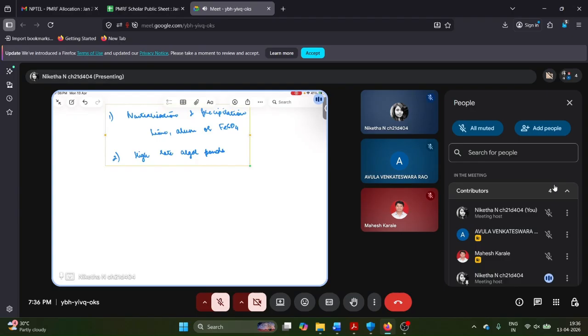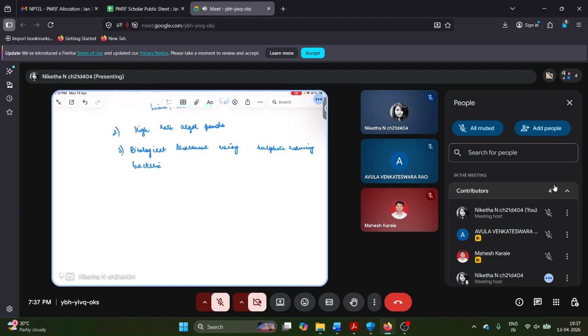And we can also do biological treatment using sulfate reducing bacteria to convert the sulfate to sulfide, and if there is excess sulfide, that can be removed using sulfide oxidizing bacteria.